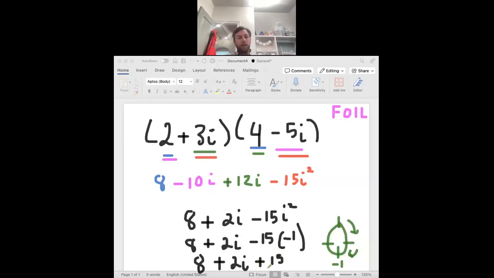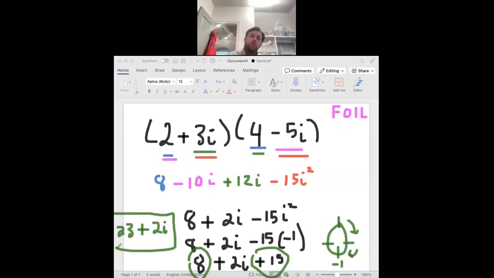And now we combine like terms again. Which like terms this time? 8 and positive 15 gives us 23, and then just bring over the 2i. So what did we do there? We treated the i like a variable, like for FOIL, and combining like terms.